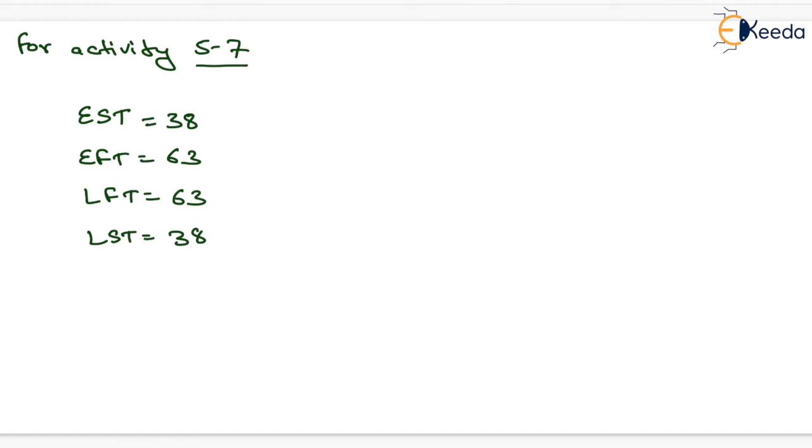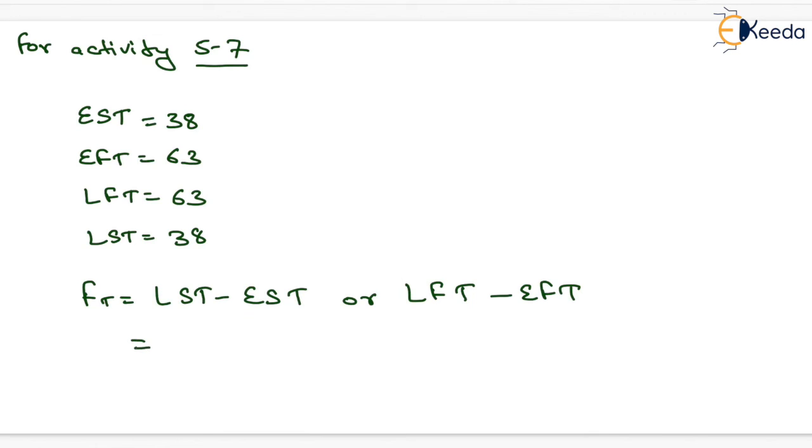Now we know that total float will be equal to LST minus EST or LFT minus EFT. Both will give the same answer. So here the LST value is given as 38 and the EST value is also equal to 38. So it will be equal to 0. So the total float for activity 5-7 will be equal to 0.